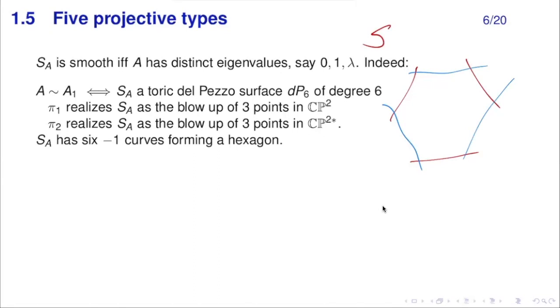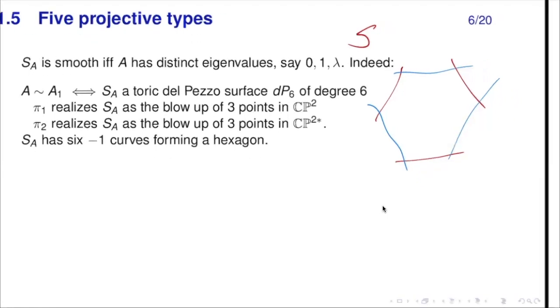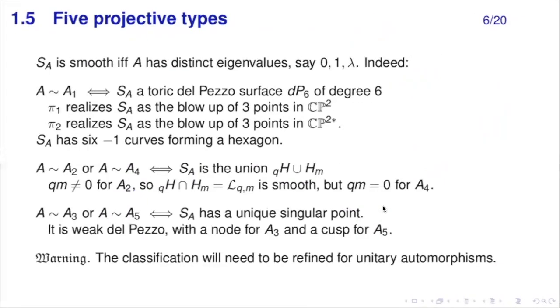So this is the underlying projective geometry of these surfaces. Later on, we'll be talking about the more Riemannian features, but this is the underlying projective geometry of these smooth surfaces of type 1,1. And then the other 2 columns, A2 and A4, that's just the union of 2 Hirzebruch surfaces, and the intersection could either be smooth or not smooth, as I said earlier.